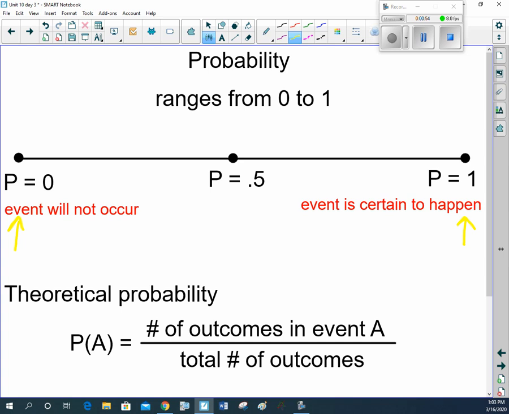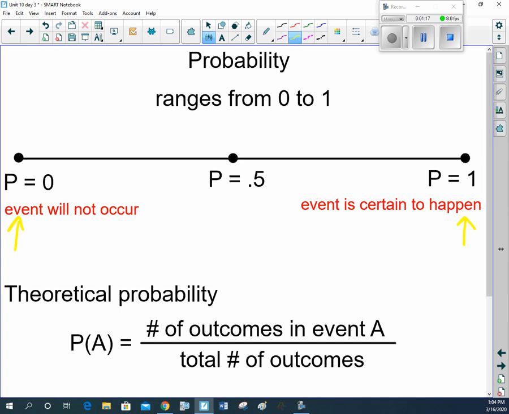Well, it's 100%. It's a 1. There's only one number on there, so I'm going to get that number. So your probability ranges anywhere between 0 and 1. You can write those as fractions, as percents, or as decimals. Anywhere along that spectrum, you can write all your answers in those kinds of formats.